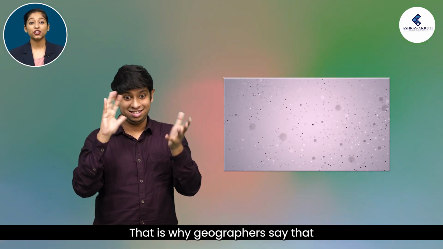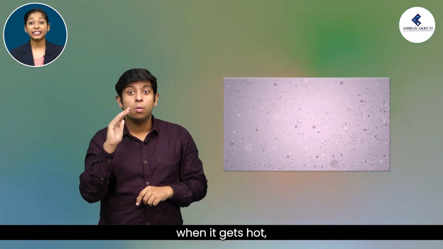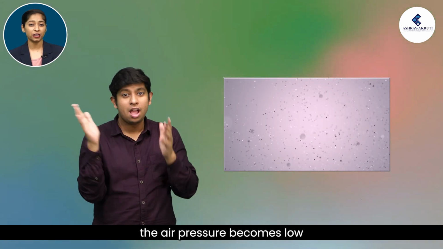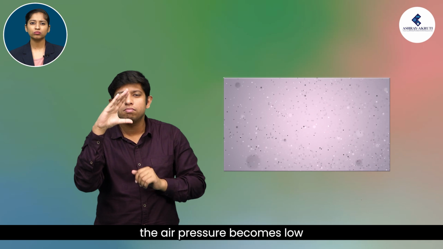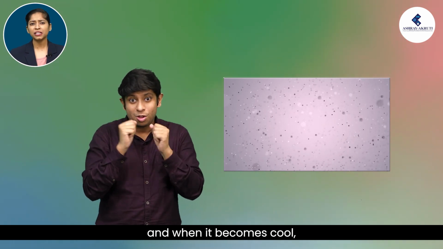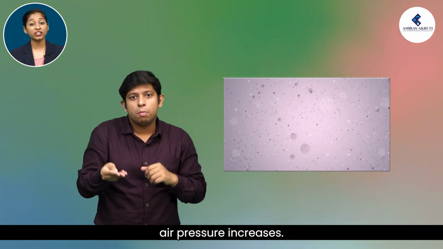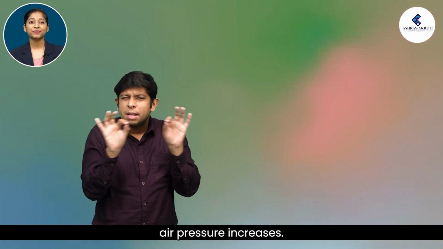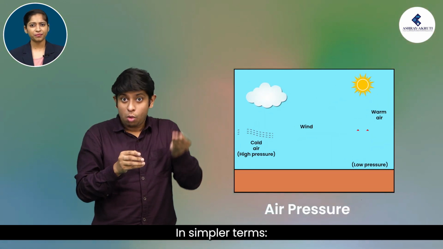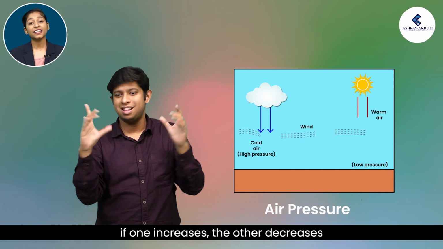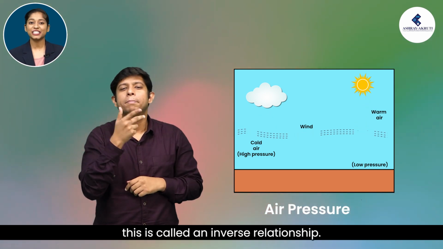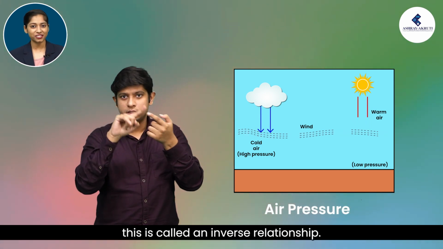That is why geographers say that when it gets hot, the air pressure becomes low. And when it becomes cool, air pressure increases. In simpler terms, if one increases, the other decreases. This is called an inverse relationship.